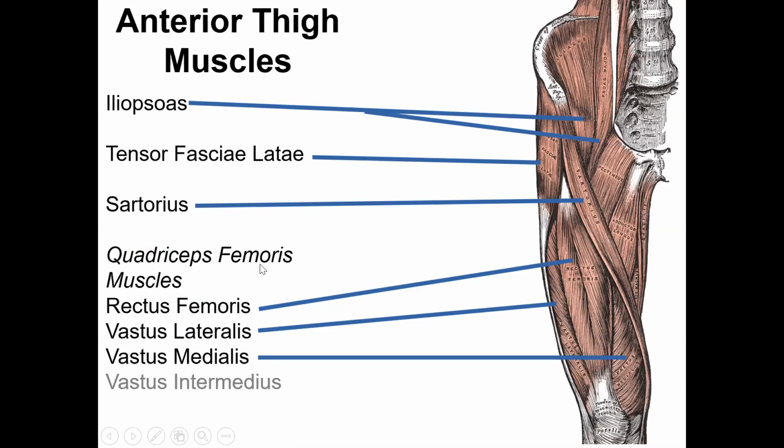Let's actually move into the lower extremity itself. We'll talk about some of the muscles here. And just like we did with the upper extremity, we're going to divide the entire limb into different compartments or segments. So we'll start with the anterior thigh muscles, and then we'll look at the other compartments as we go along. So we've got the iliopsoas muscle here to start. And the iliopsoas muscle is really a combination of two smaller muscles.